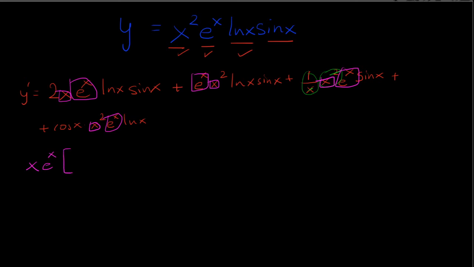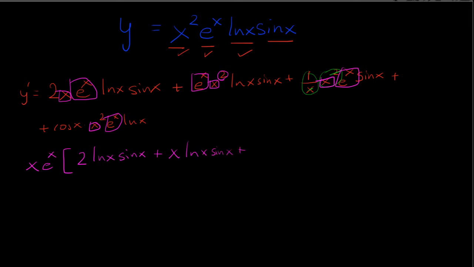For the first term, we have 2 times natural log of x times sine of x. The second one, we borrowed an x, but we have a 2 here in the exponent. So that means we need one other x. Then it's natural log of x sine of x.